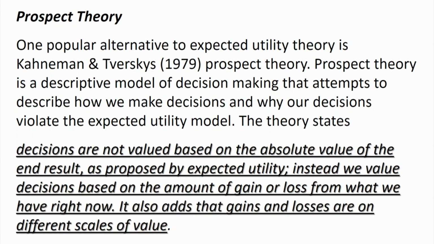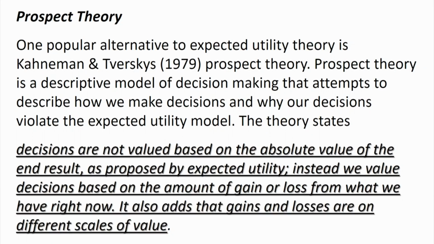The statement of this theory says that decisions are not valued based on an absolute value of the end result, in terms of the final value attained after the decision, as proposed by expected utility theory. Instead, we value decisions based on the amount of gain or loss from what we have right now.